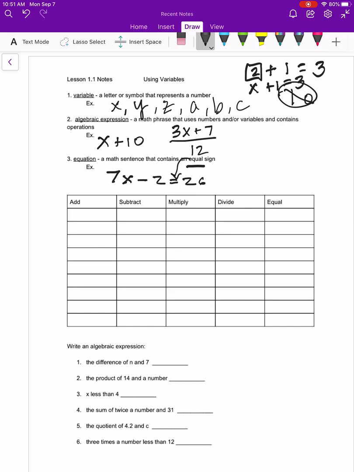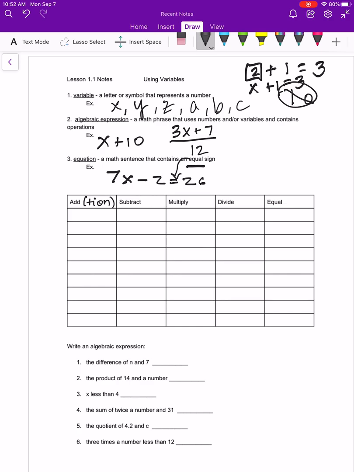So I want you to take a moment to think and list as many words as you can. Make a column in your notes, or you might have the sheet in front of you, to think of how many words that you know represent the word add, or maybe the word addition, subtract, subtraction. You get the idea. So multiply and divide.